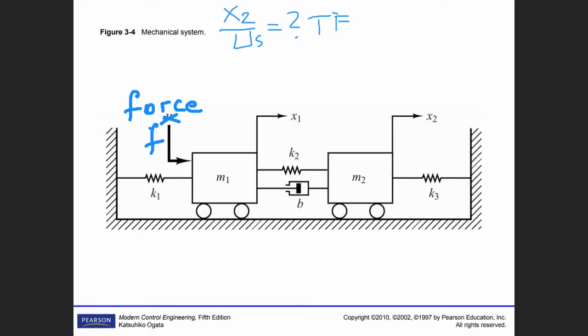What are we going to do? First, I'm going to write the equations here. The first one for M1.